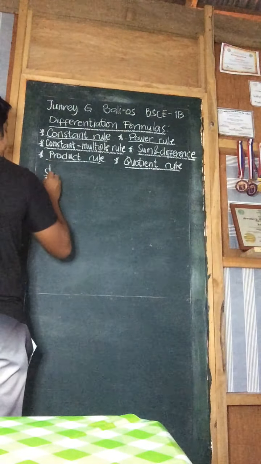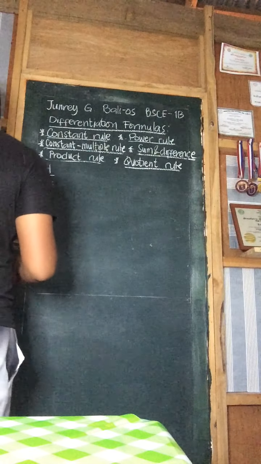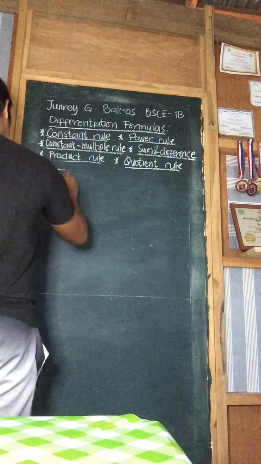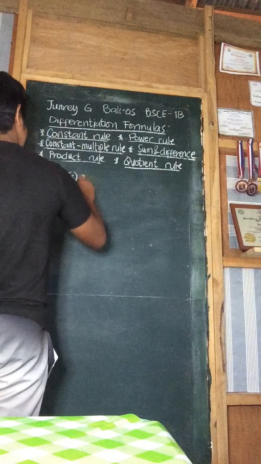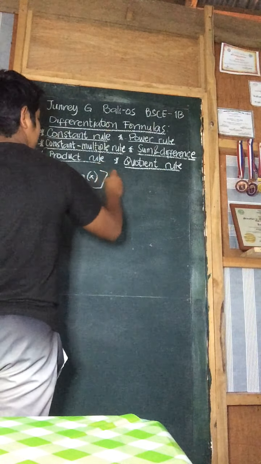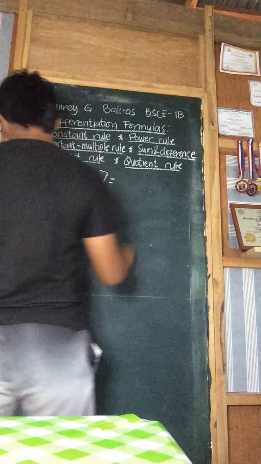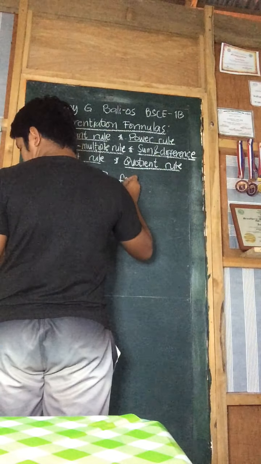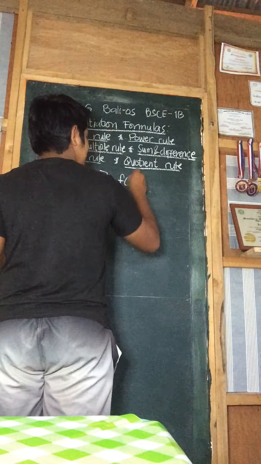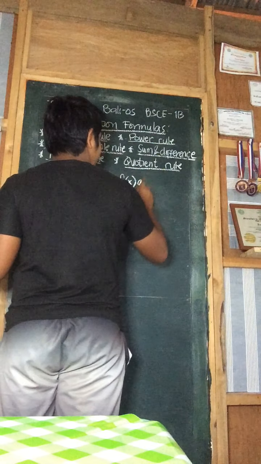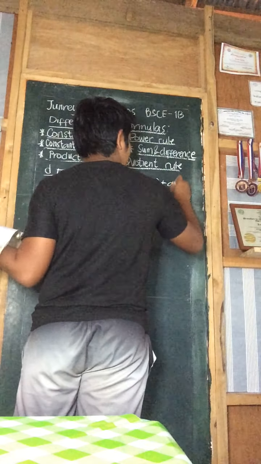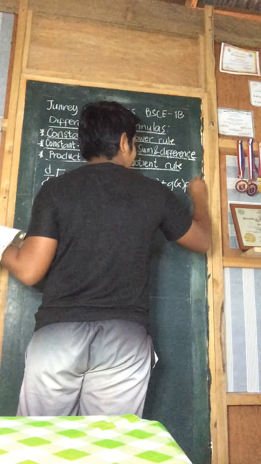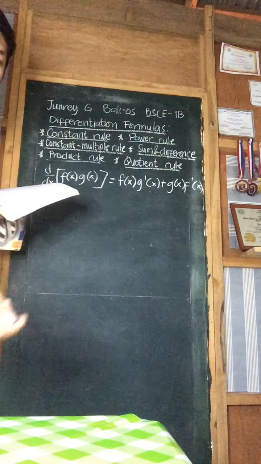The formula: d over dx of f of x times g of x is equal to f of x times g prime of x plus g of x times f prime of x.